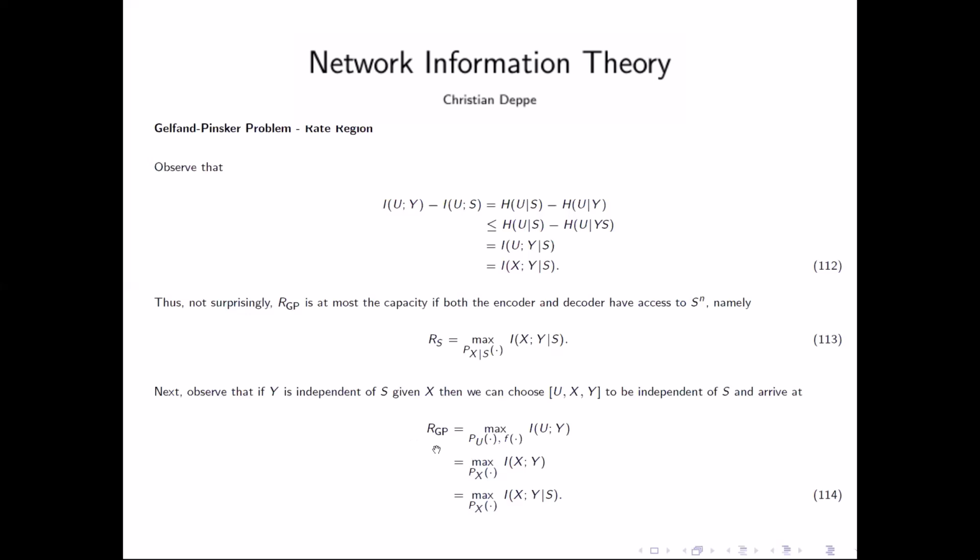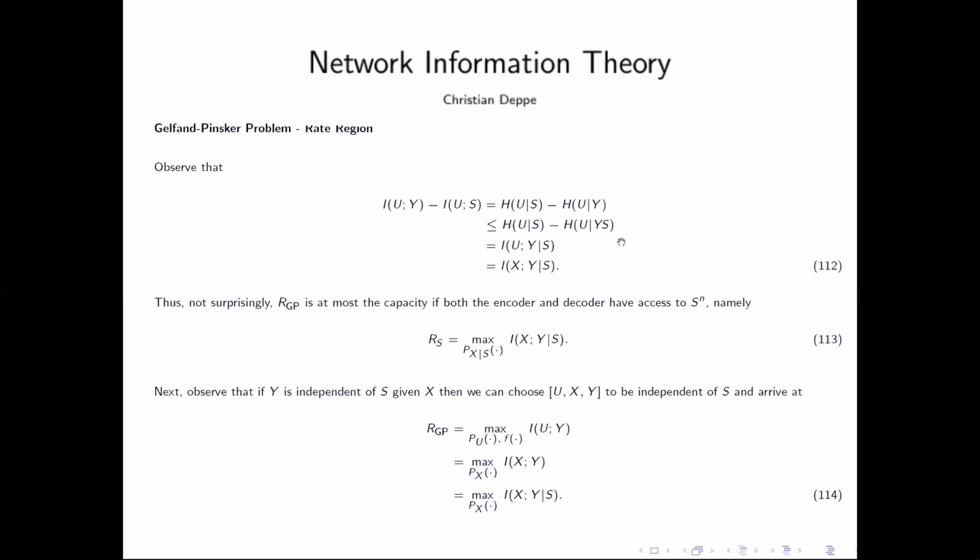So we get that R_GP is equal to the maximum over P_U and f of the mutual information between U and Y. This is, of course, the mutual information between X and Y, and we maximize over X. And this, because S does not depend on this, is equal to the maximum over P_X of the mutual information of X and Y under the condition S.